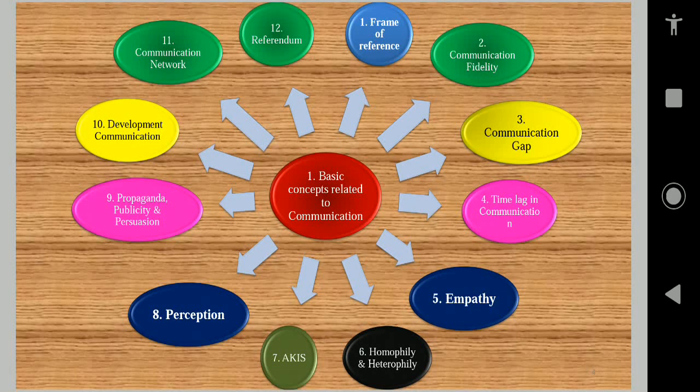That is your communicator, message, channel and receiver. He told that the faithful performance of what? Faithful performance of the communication process. As we know, the communication process involves so many elements, that is communicator, message, channel, receiver. So it requires their faithful performance. They should work perfectly, so that the fidelity will come.